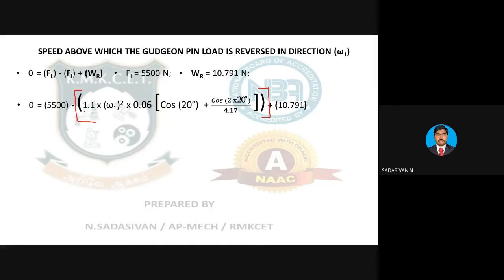What are all the terms here? Mass of the reciprocating parts into square of the angular velocity in radians per second, radius, and the angle term. If you look into this bracket, which is the most easily variable thing inside the bracket?